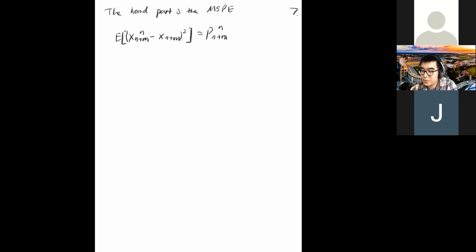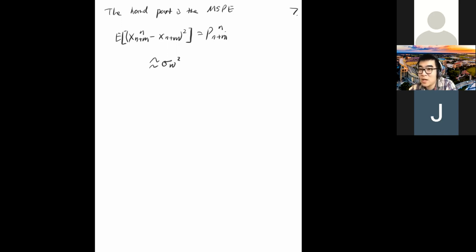We want to study the expected value of our predicted m-ahead forecast and our true m-ahead observation. Actually, to show this is not easy, but you can show that this is approximately equal to sigma w squared.